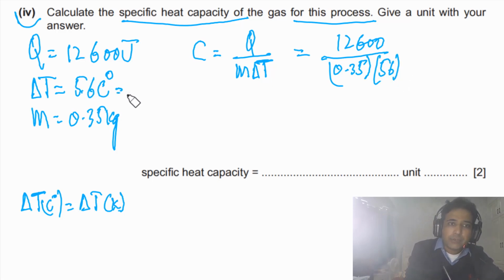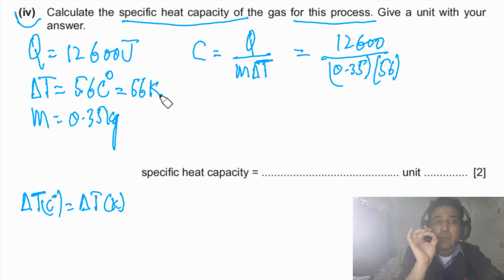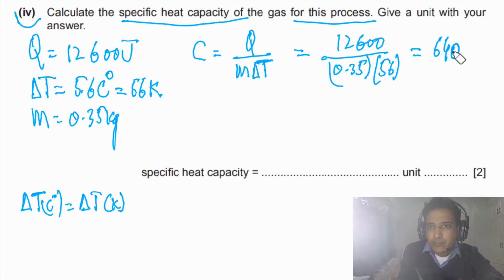We can also say this is the same as 56 Kelvin because the change in temperature of 56 degrees Celsius is equal to a change in temperature of 56 Kelvin. So from here we will get our answer, equal to 640 joules per kg per Kelvin.